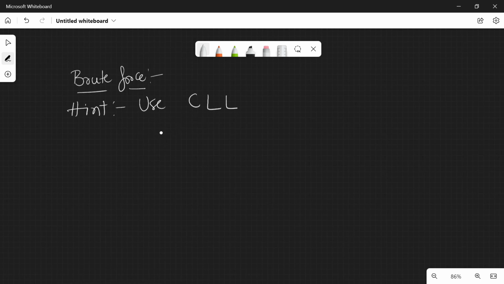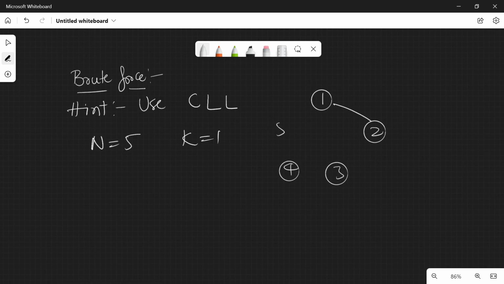Now let's take n, which is 5, and k which is 1. I'm going to take a circular linked list which has n nodes, 5 nodes. So I'm creating a linked list 1, 2, 3, 4, 5. This is a circular linked list.